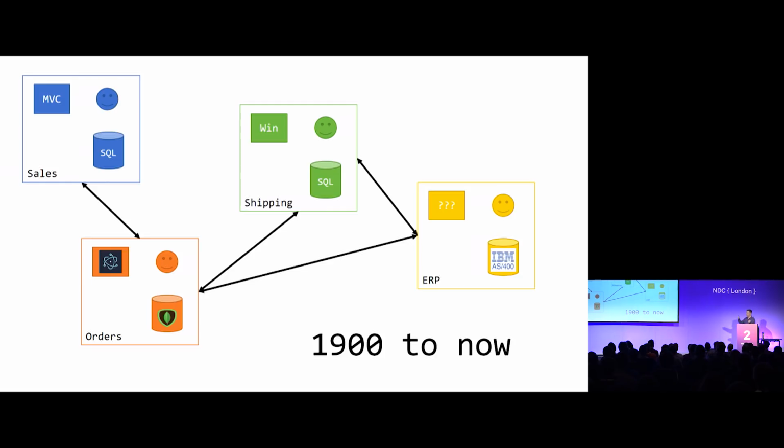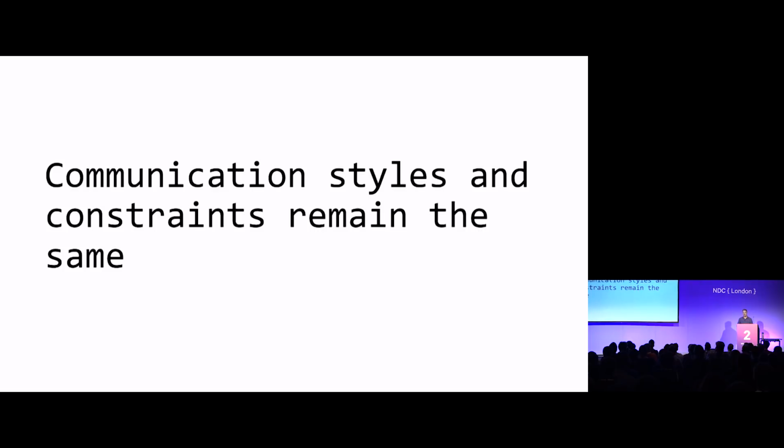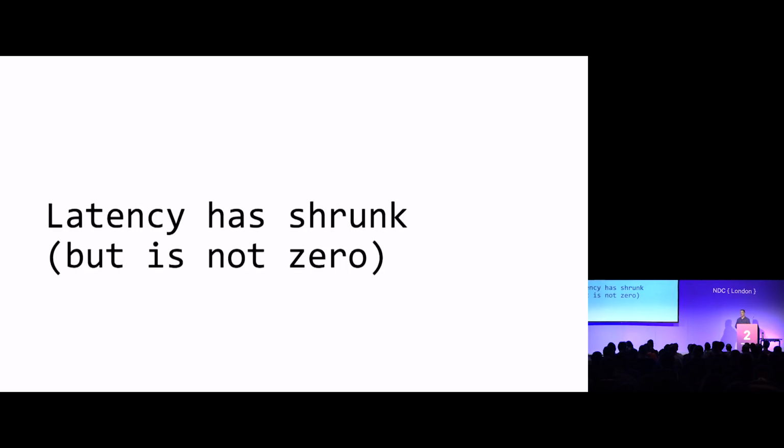When I'm looking at the arrows between each of these pieces, the communication styles and constraints have not really changed over the years. So if I'm looking at two different organizations needing to talk to each other 100 years ago, they may use the same kind of integration methods as they do today. It's just a lot faster than it used to be. So latency has shrunk between all those different disparate applications, but it's still not zero.